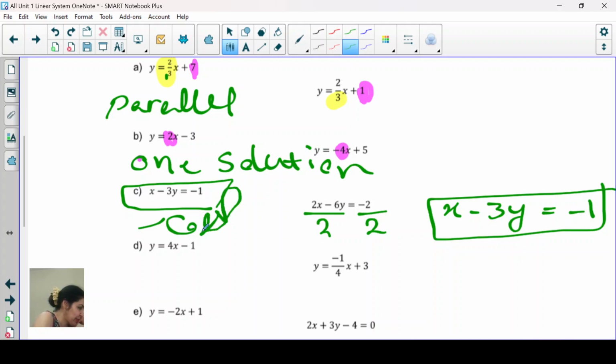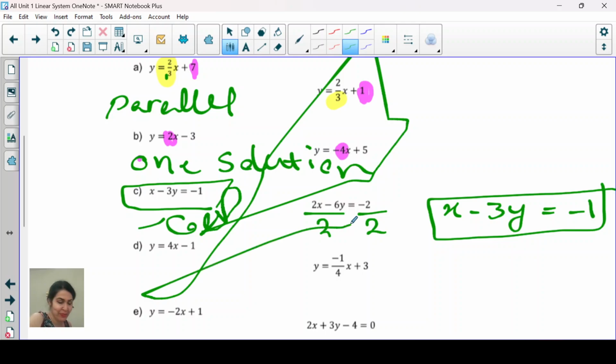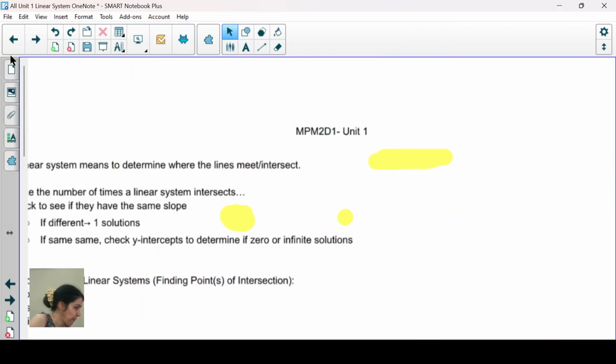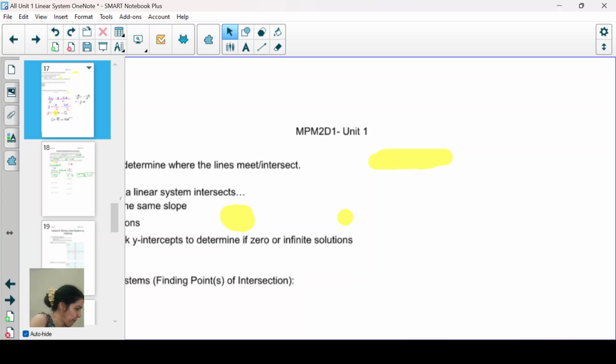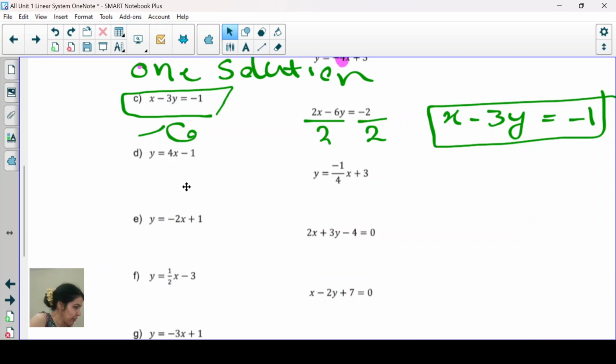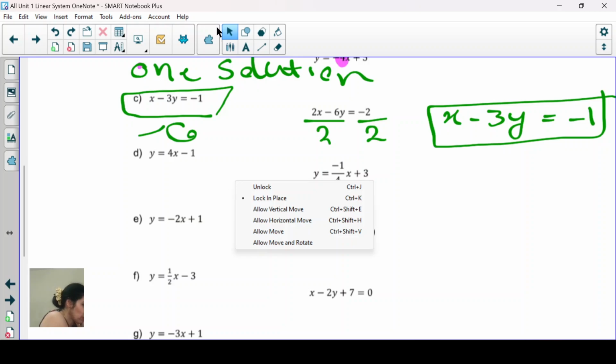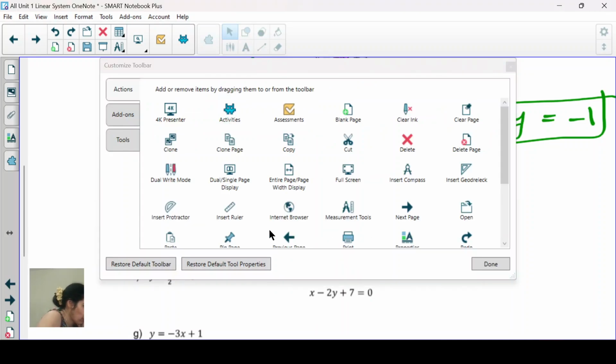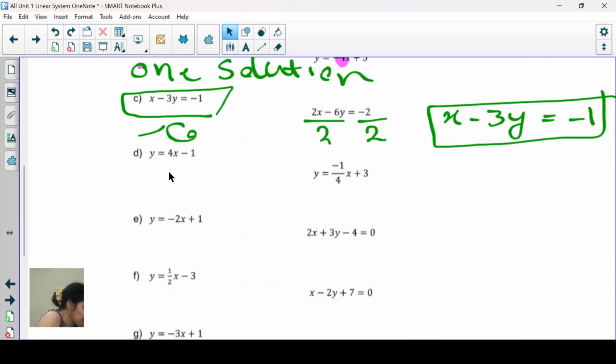Here we have different slope. They are actually perpendicular, but perpendicular still they have different slope.